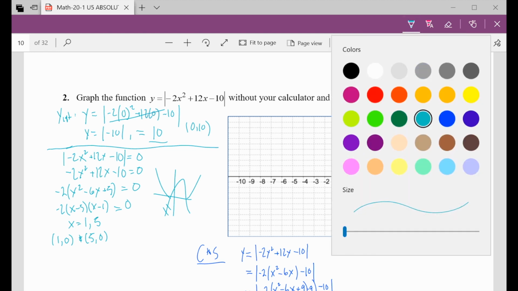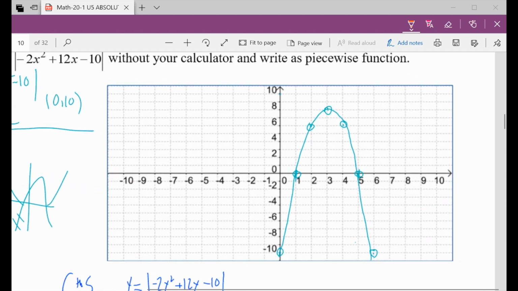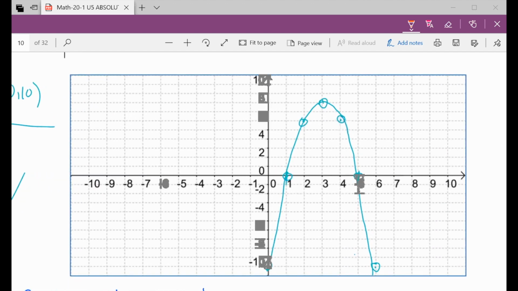Well, I'm going to draw the absolute value function in a nice funky nifty color there, and I'm going to zoom in a little bit. All of the y values that are above y equals 0 are going to remain the same.